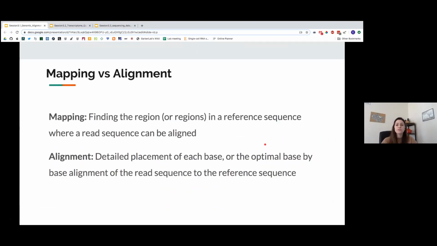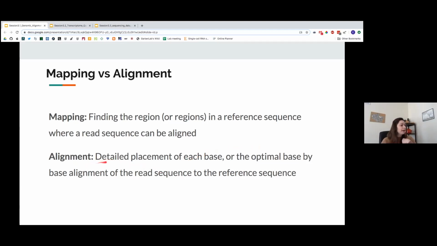All right, so first of all, let's define mapping and alignment. Mapping is the process of finding the region or regions that read sequence can be aligned to. So there can be more than one position in the genome where a read will be mapped to.